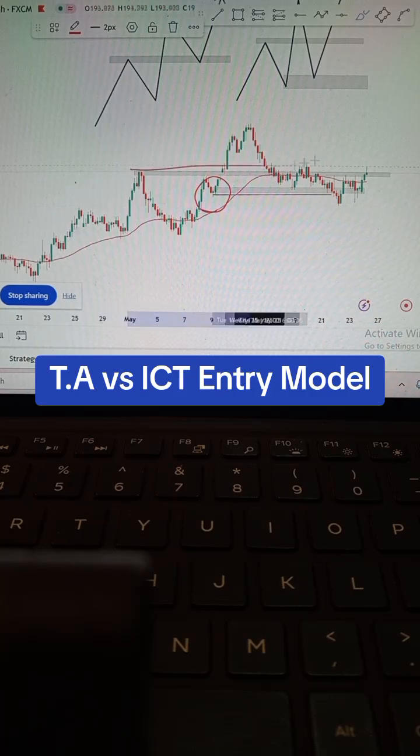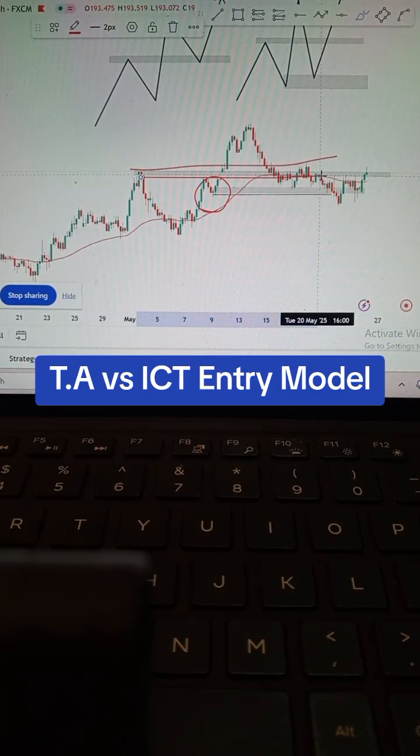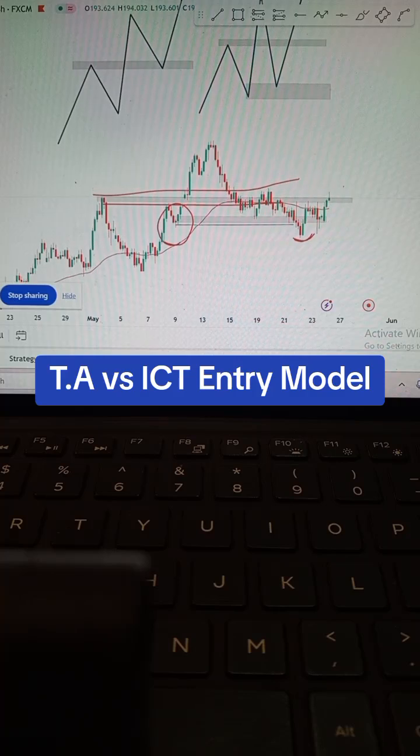The moment price comes on top of this support, right? Now here, if I was to enter here, my stop loss could have even been here. So I would still have escaped the stop loss hunt if your stop loss is not too tight. If you allow your trade to breathe, you could have still escaped this one.